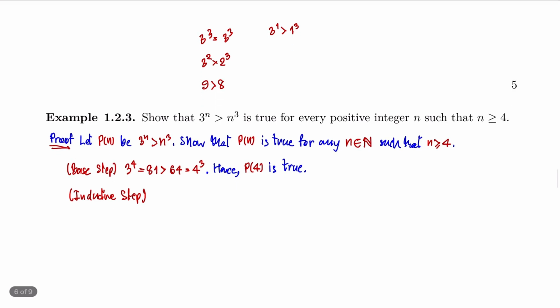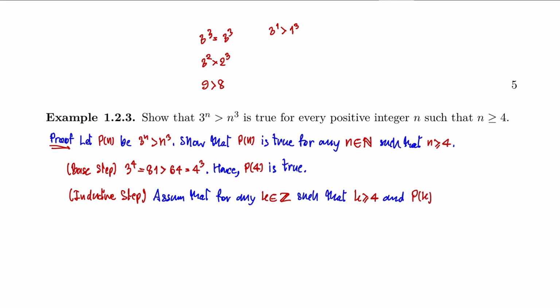To deal with this, we have to assume that for any integer k such that k is greater than or equal to 4, P of k is true, and we're going to show that P of k plus 1 is true.